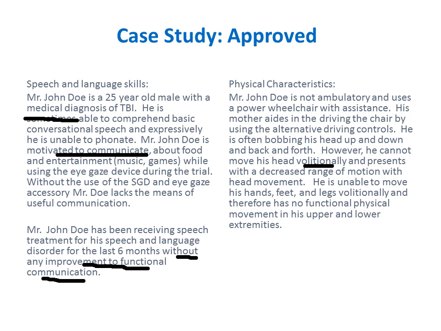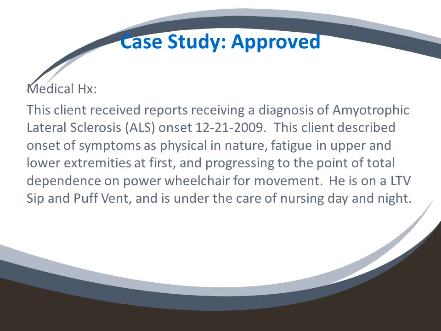And then with kicking his legs and flailing, he couldn't move his legs volitionally or on command. And so, unfortunately, that is not going to be an access for him. And he was able to get his eye gaze device.